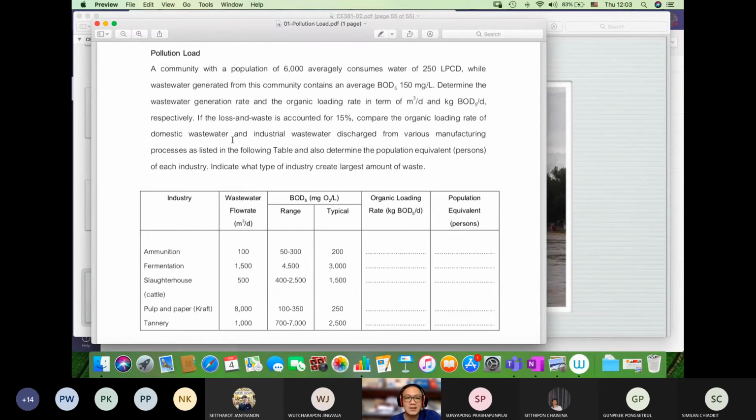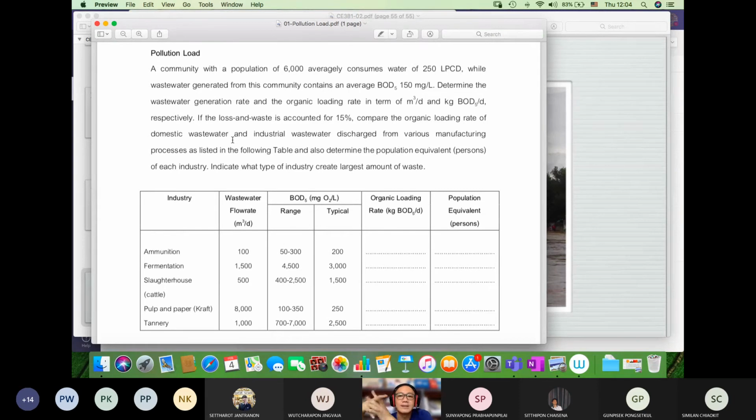Determine the wastewater generation rate and the organic loading rate in terms of cubic meters per day and kilograms BOD per day, respectively. So this is about domestic wastewater. This is the first question.